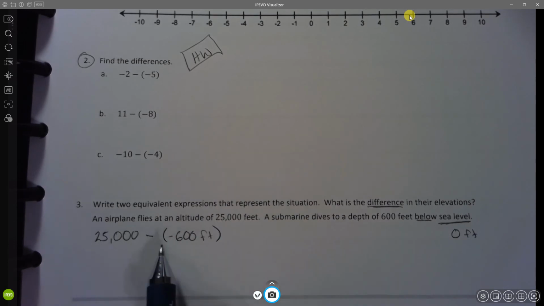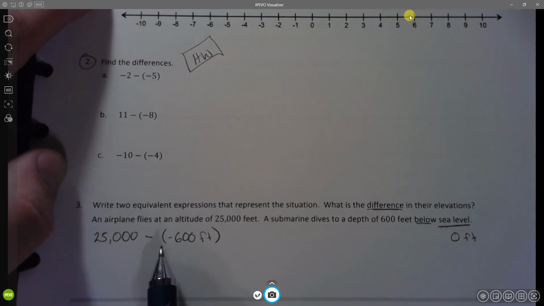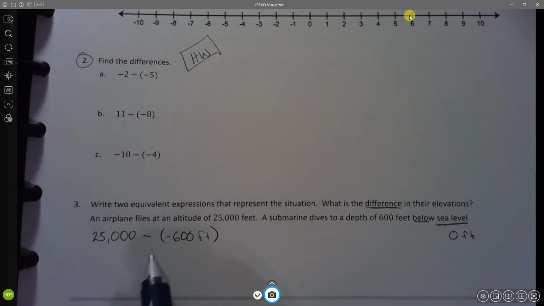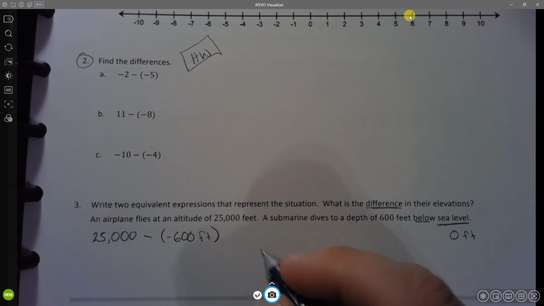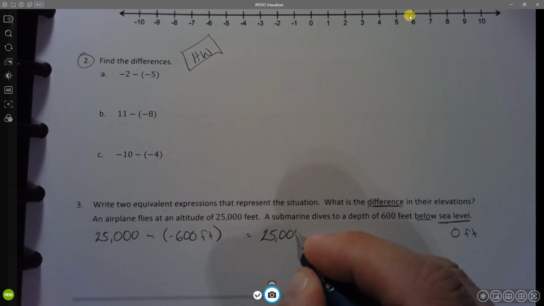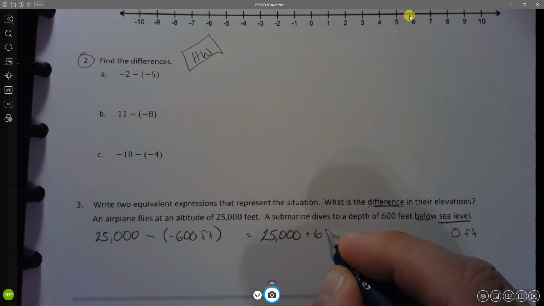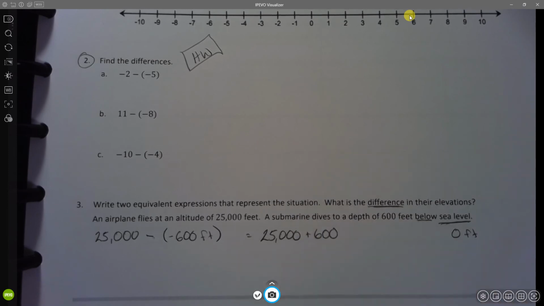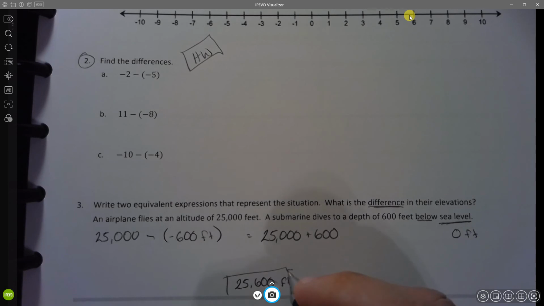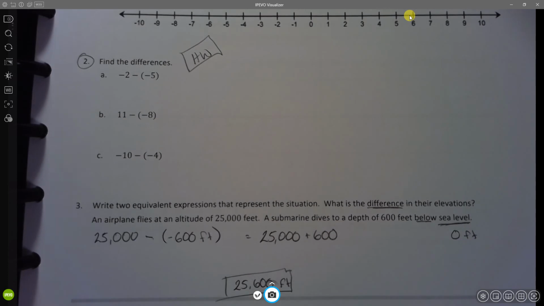Or if we refer back to part D in question 2, a minus negative equals a positive. So 25,000 plus 600. So what's the difference in their elevation? 25,600 feet. Okay, so that's the difference in their elevation.